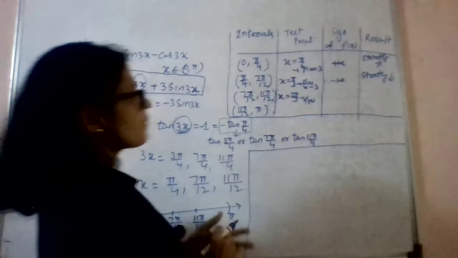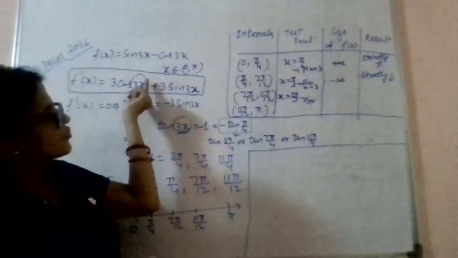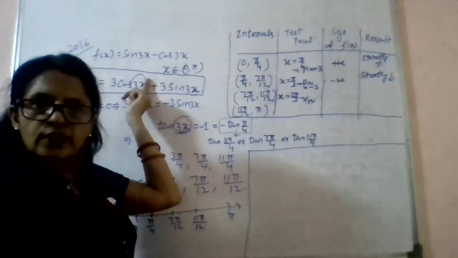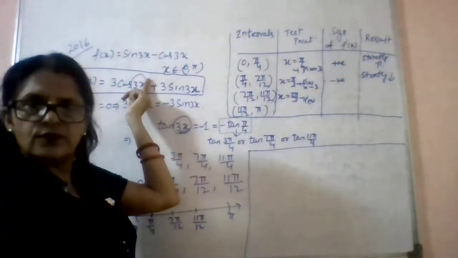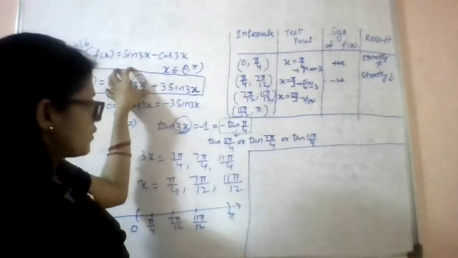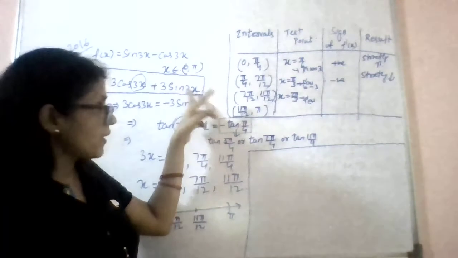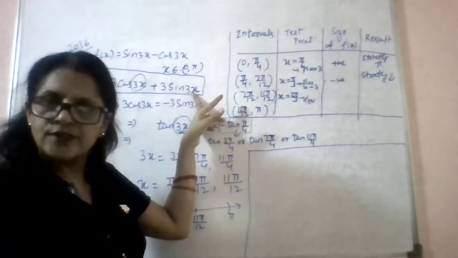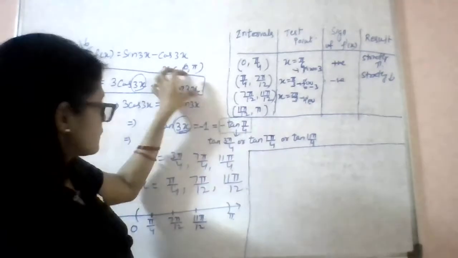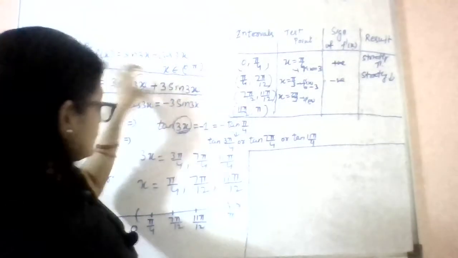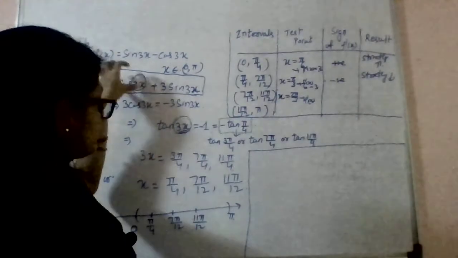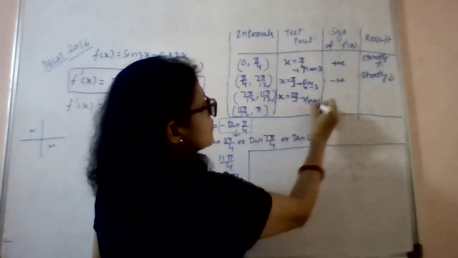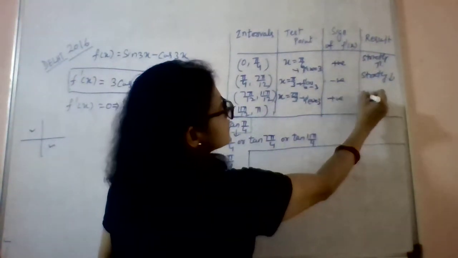If you take 2 pi by 3, cos 3x means cos 2 pi, which equals cos 0, that is 1. Right? And 3 sin 2 pi equals sin 0, that is 0. So this is 0 and cos 2 pi equals 1. So you are getting 3, which is positive, so strictly increasing.